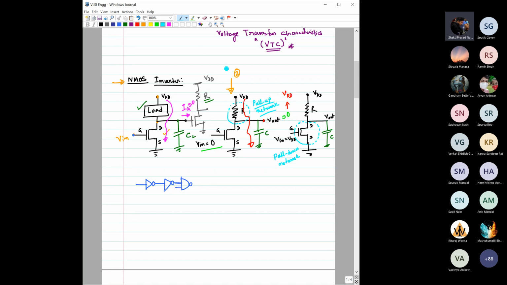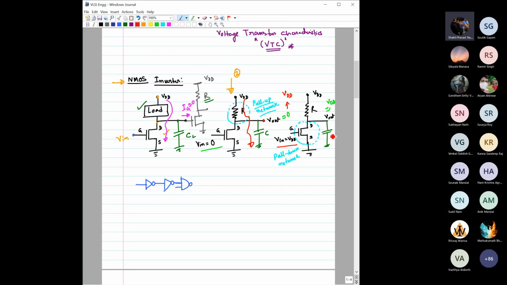Similarly, consider the other case, where Vout is initially fully charged to VDD. Now we are applying a voltage of Vin equal to VDD. So basically you have completely turned on this transistor.